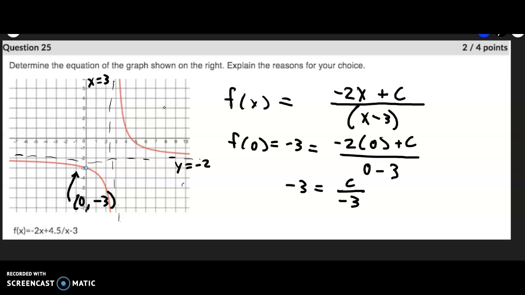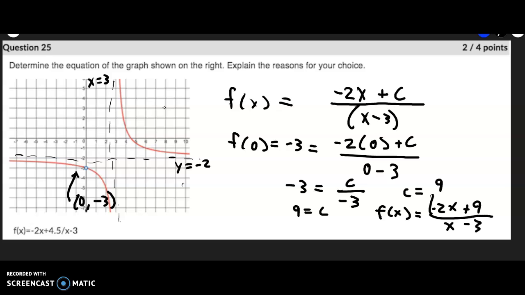So if you multiply both sides by -3, you would get 9 equals c. So from there, you get c is equal to 9. So then you have f of x is equal to (-2x plus 9) divided by (x minus 3).